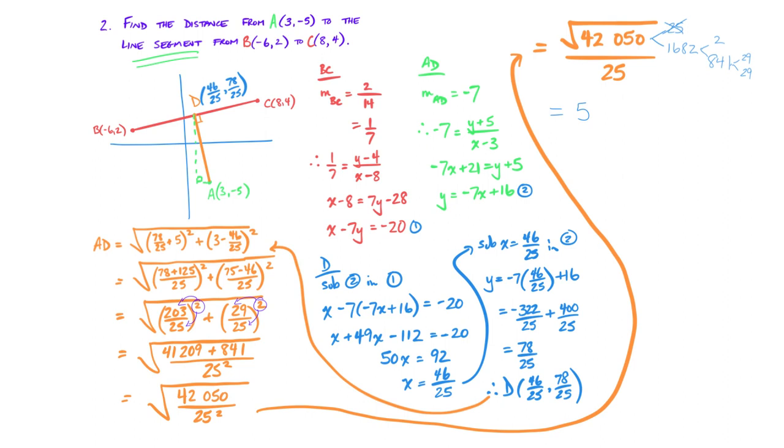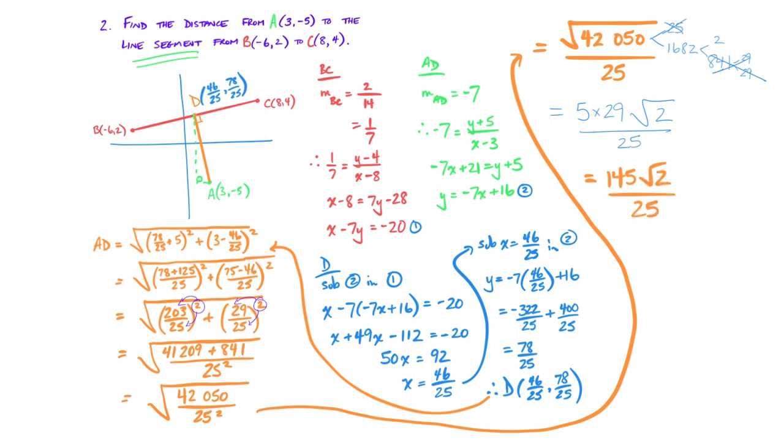That's a 5, so that's gone. I can take the square root of 841. That was a 29, so that's gone. The only thing I couldn't take the root of was the 2. It's left in there. However, a lot of us would be okay just going straight to 5 times 29, and that was 145 root 2.